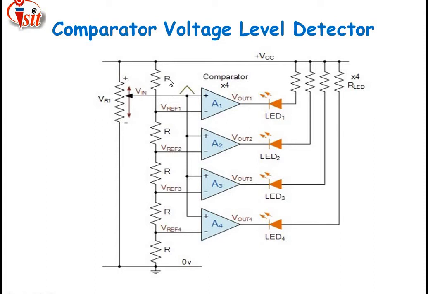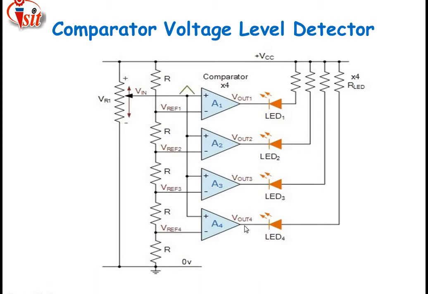Along with this, we have clubbed all these inputs, and they are connected to ground, and LEDs are connected across the output of each and every comparator. LED number 1 is connected across the output of comparator 1, that is op-amp number 1. LED 2 is connected to op-amp number 2. LED 3 is connected to op-amp number 3, and LED 4 is connected across op-amp number 4.